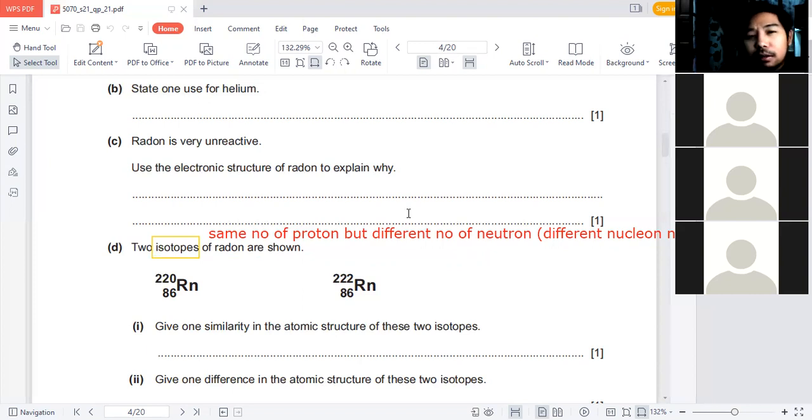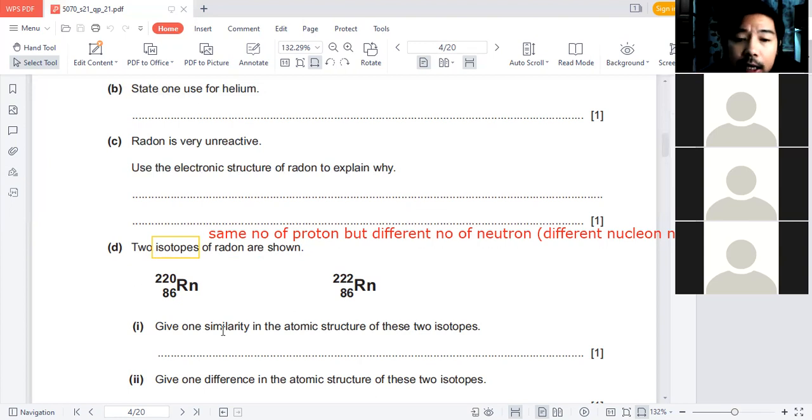So molecular mass, okay. So basically in this case, you can see that for isotopes, the bigger number would be different, but the smaller numbers are going to be the same. But make sure it would be the same element, okay. So the same element with a different number of neutrons but the same number of protons. So the different nucleon number is what we can say.